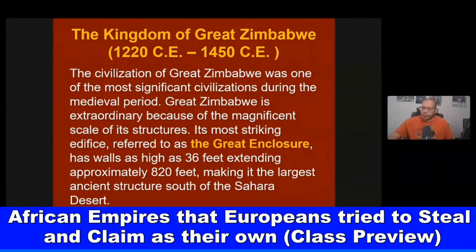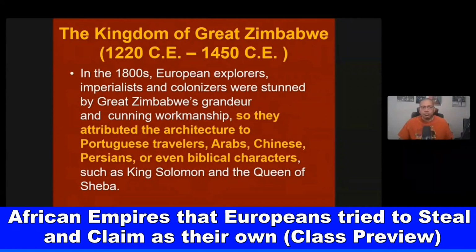Its most striking edifice, referred to as the Great Enclosure, has walls as high as 36 feet, extending approximately 820 feet, making it the largest ancient structure south of the Sahara Desert.